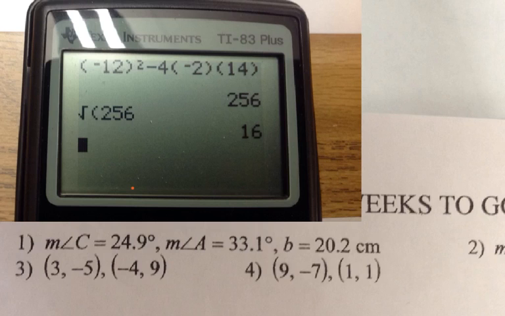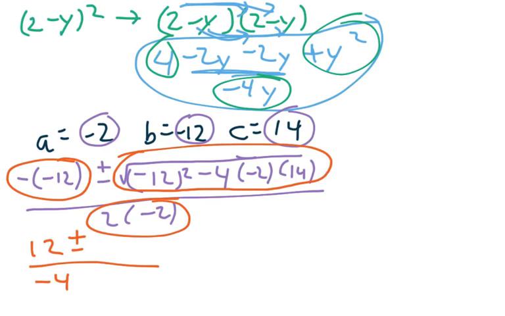So looking here, guys, as you can see, when I do -12 squared minus 4 times -2 times 14, I get 256. And doing the square root of 256, it's 16, right?